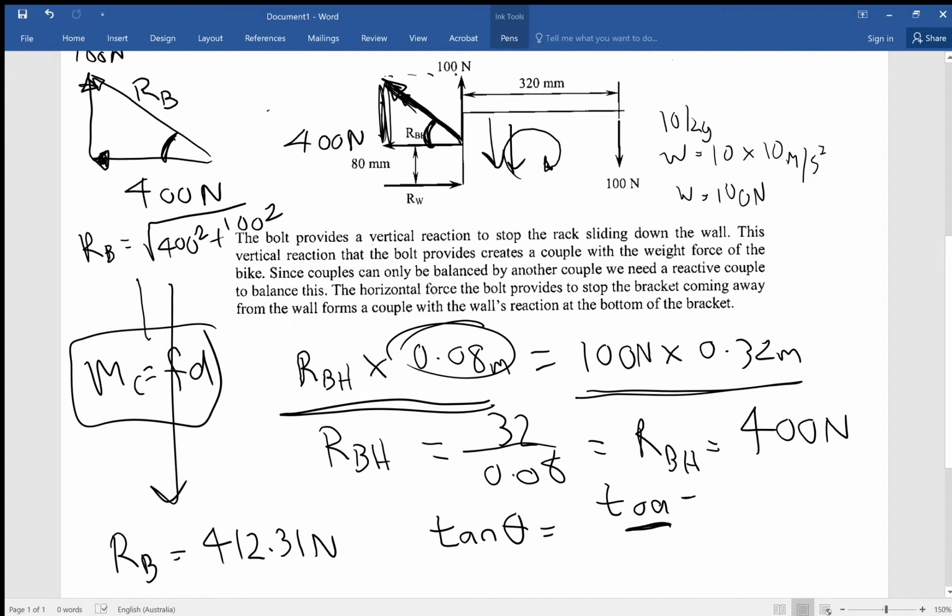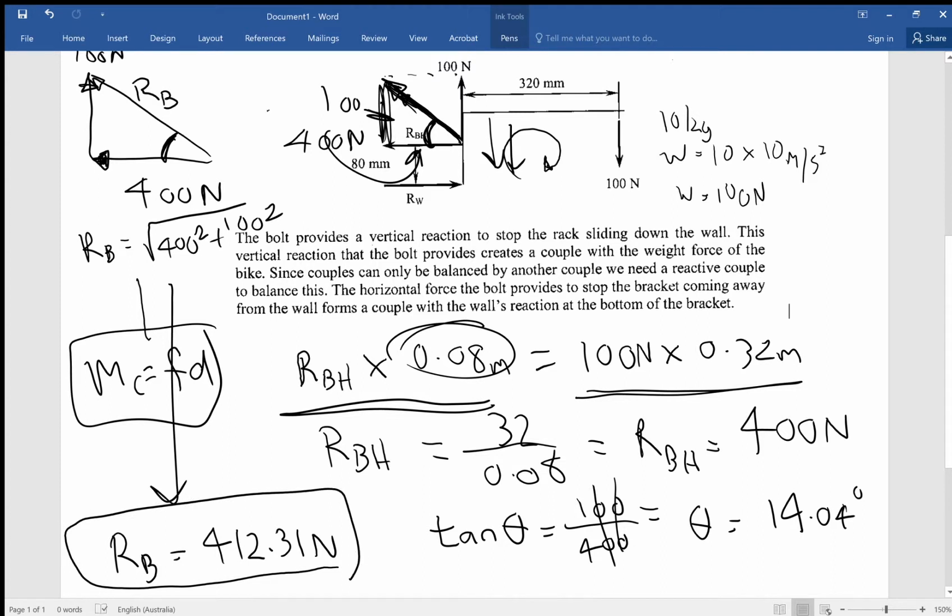So that's going to be equal to the 100, which is here, over the 400, which is here. So tan theta is going to be equal to 100 over 400, which means theta is going to be equal to 14.04 degrees.